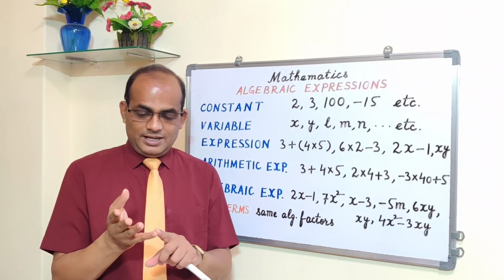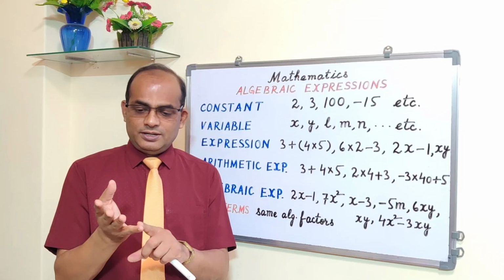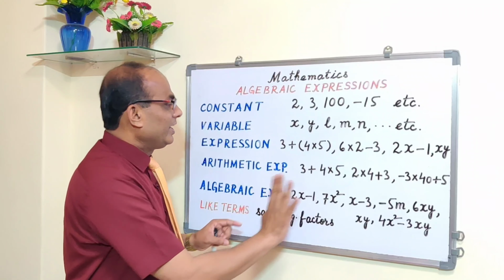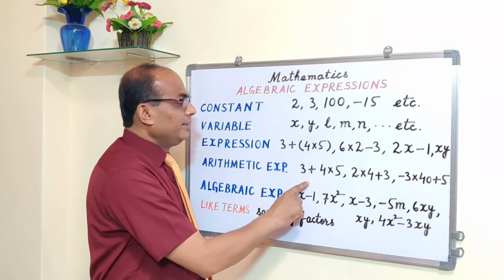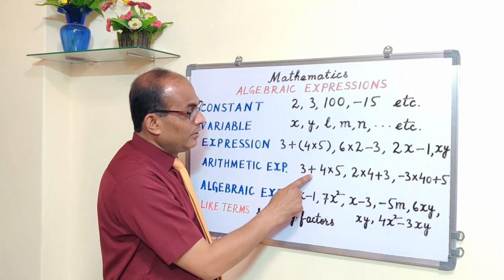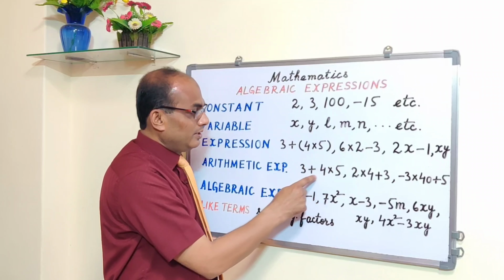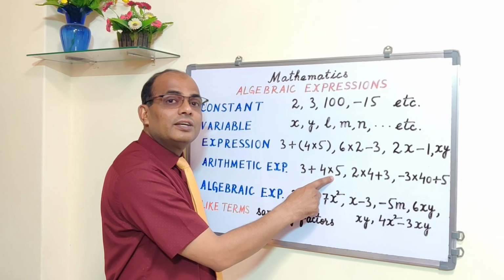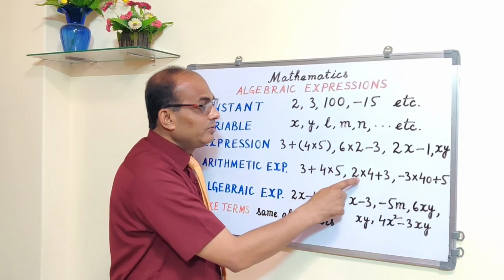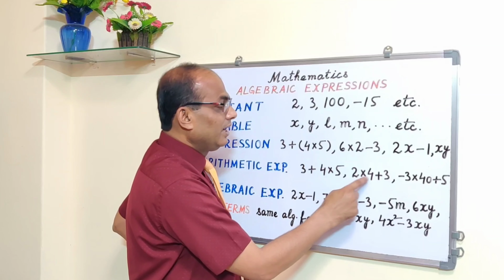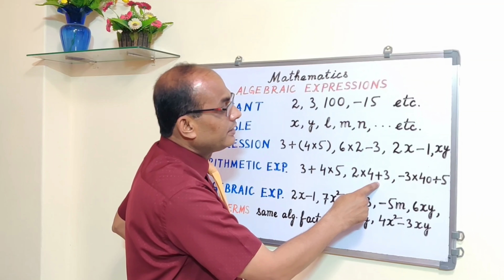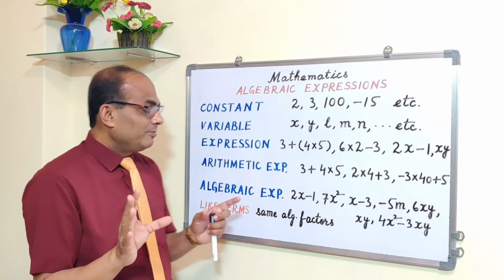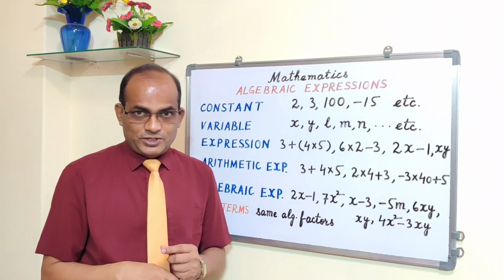And what are they? Addition, subtraction, multiplication and division. You can see here the numbers, and here we are using two basic maths operations, addition and multiplication. Here also multiplication and addition. So this is about arithmetic expression or number expression.